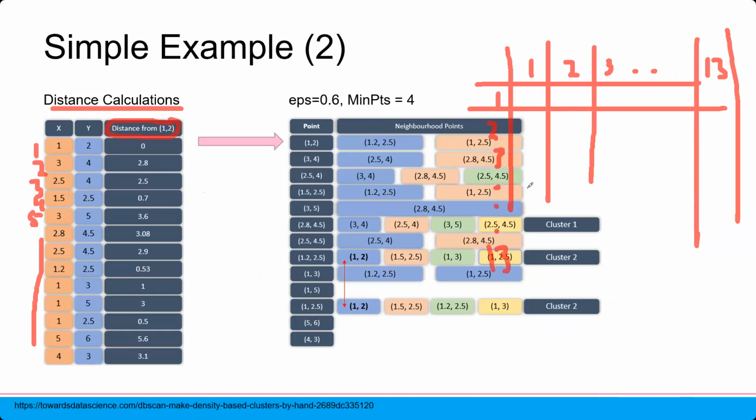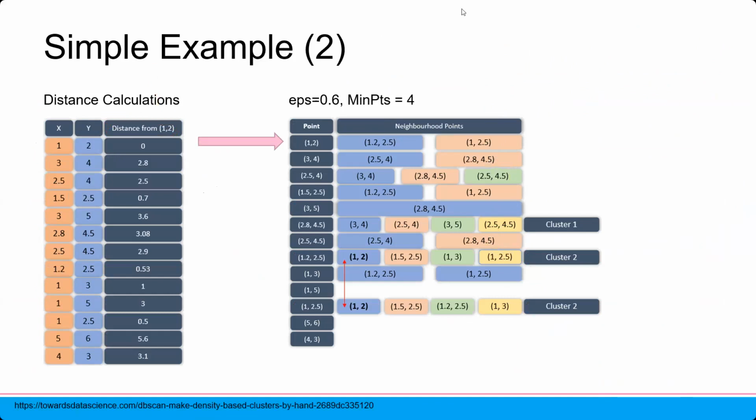So we can have the distance from 1 to 2, 1 to 3, 1 to 4, and so on until 1 to 13. Now let's look at the distance from 1,2 to any point.